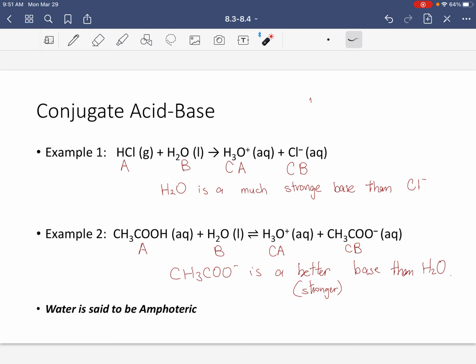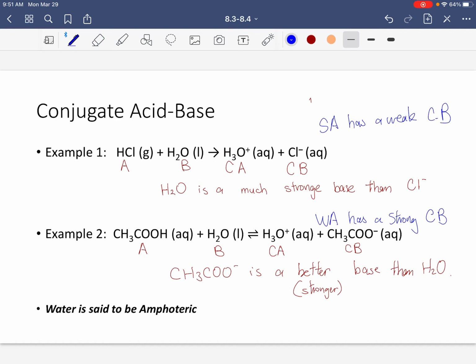Okay? So, let's summarize this. A strong acid usually has a weak conjugate base. A weak acid has a strong conjugate base. Just something to keep in mind.